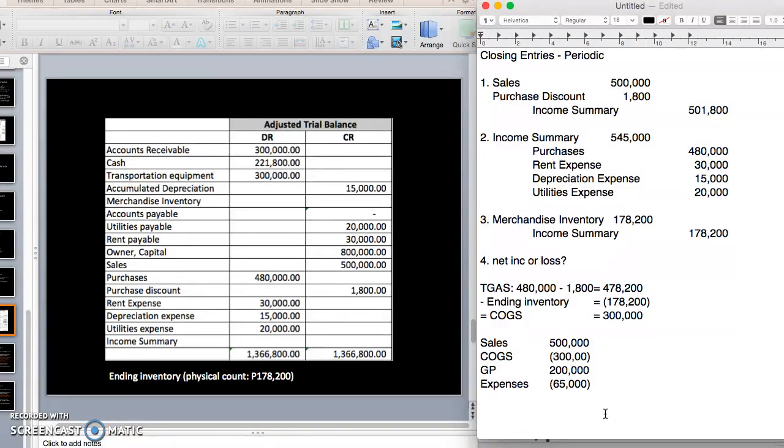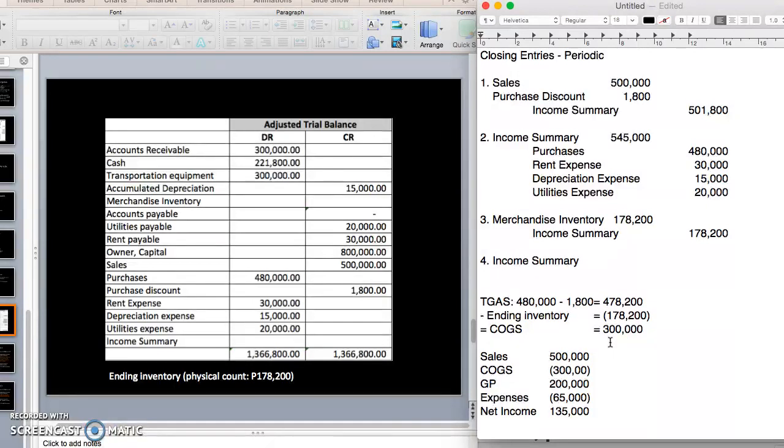So once I have my gross profit minus the 65,000, I can determine that I have a net income of 135,000. So since this is the net income, this is what we'll use for our closing entry. Net income, therefore we need to close income summary and credit owner capital. So 135.